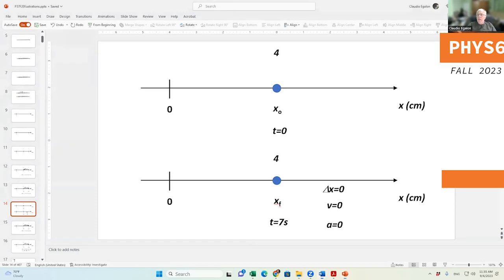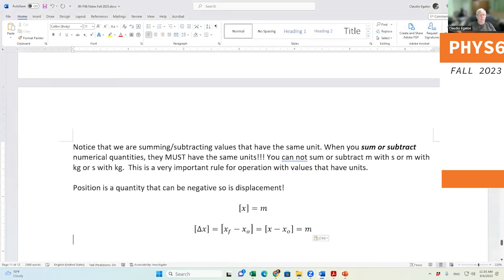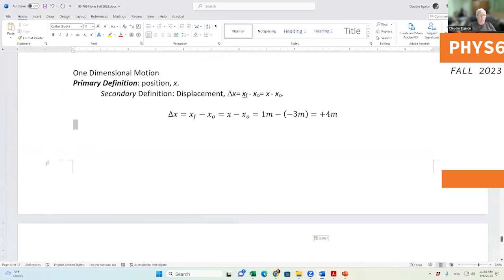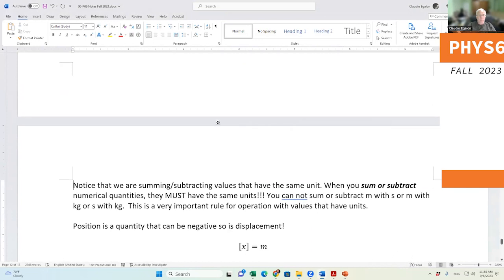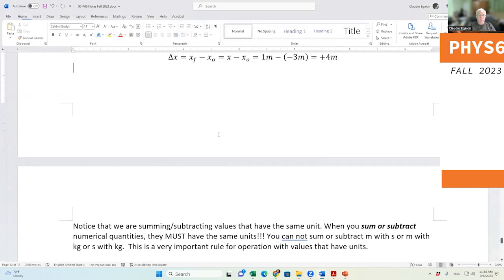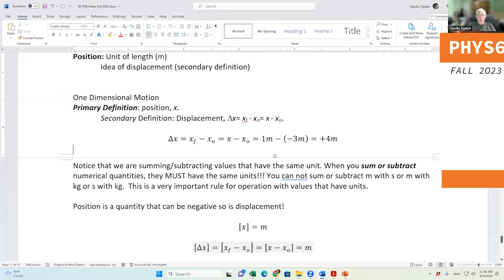The units of the displacement are the same as the units of position. See that we are summing and subtracting values that have the same units. XF has units of meters, x naught has units of meters. We can do that.